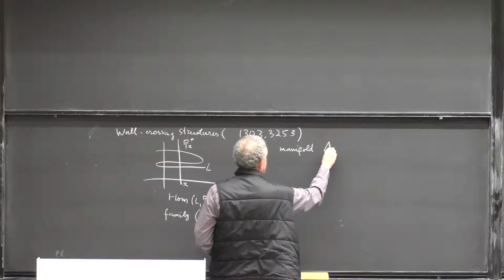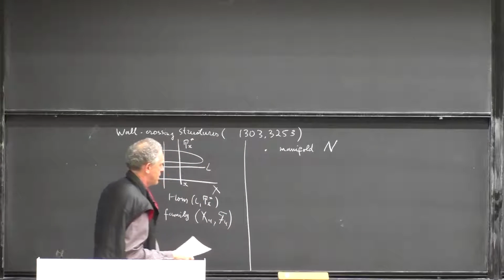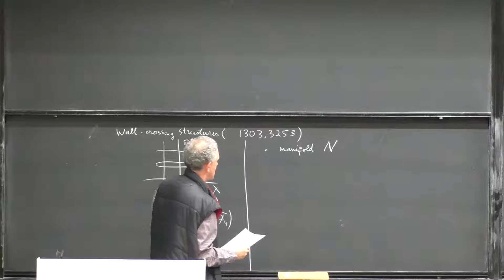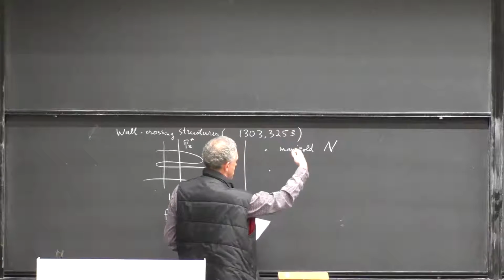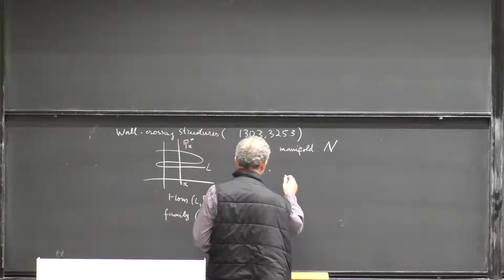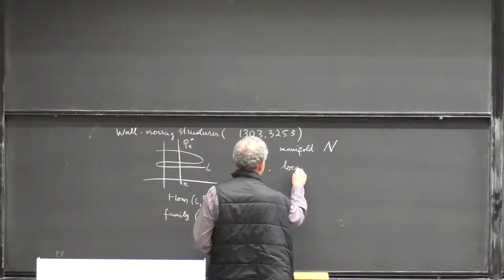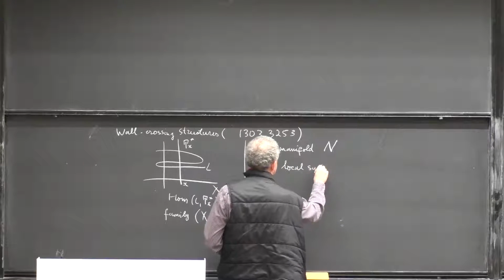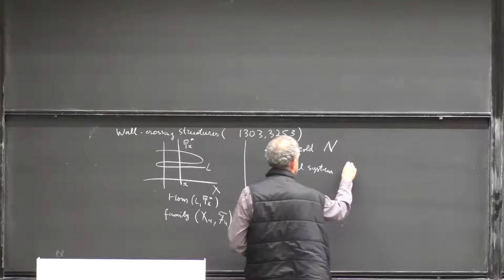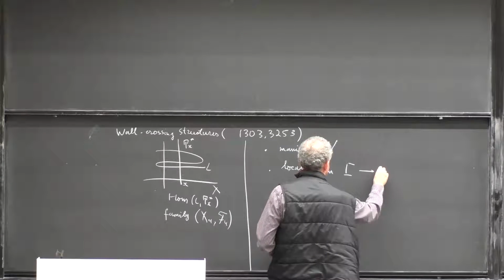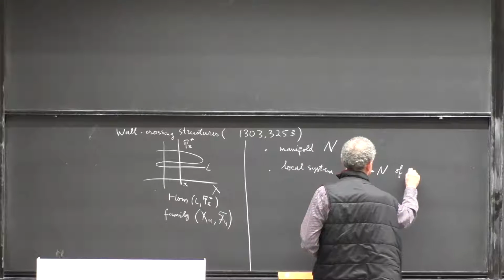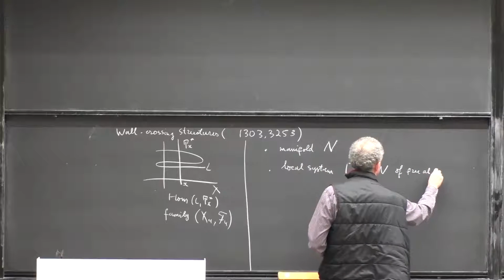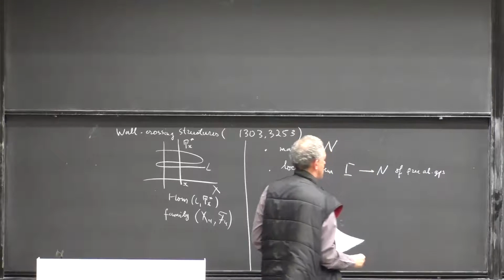There are versions in different generalities. Let's assume that you need a manifold over which the wall crossing structure lives. A local system of free abelian groups, called lattices.